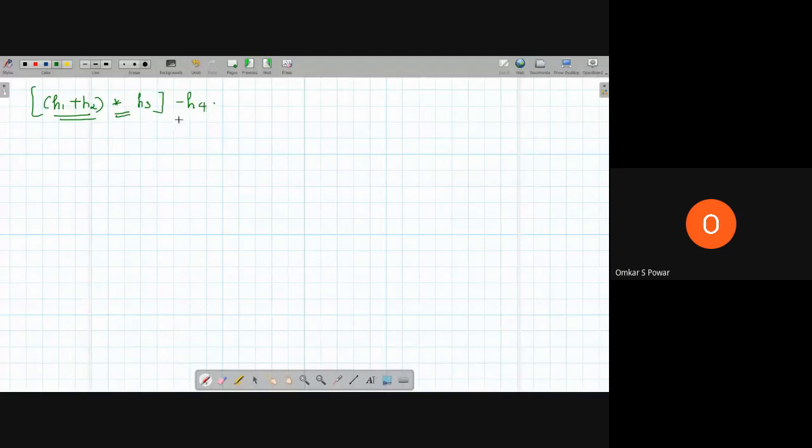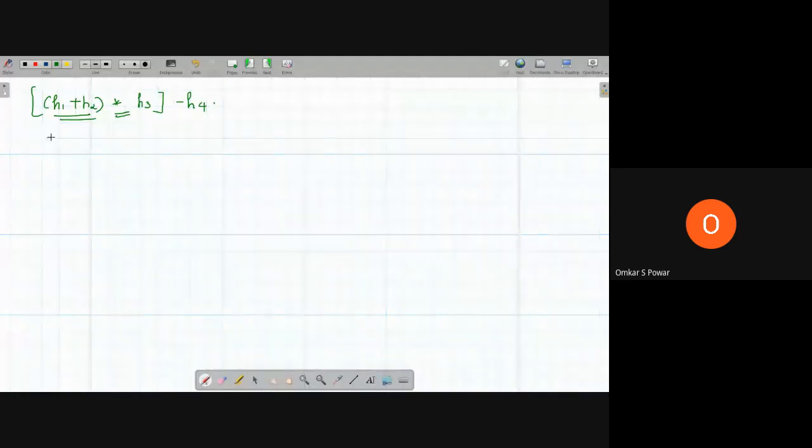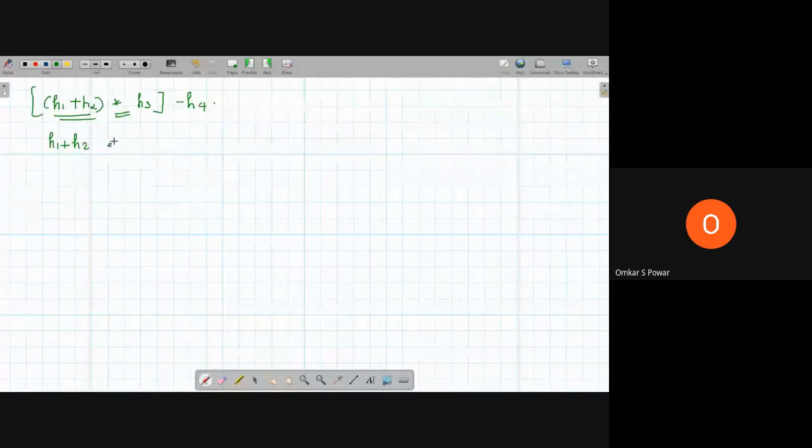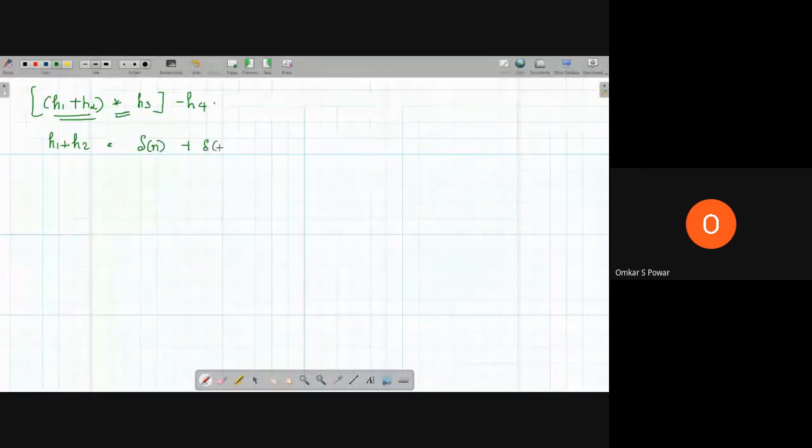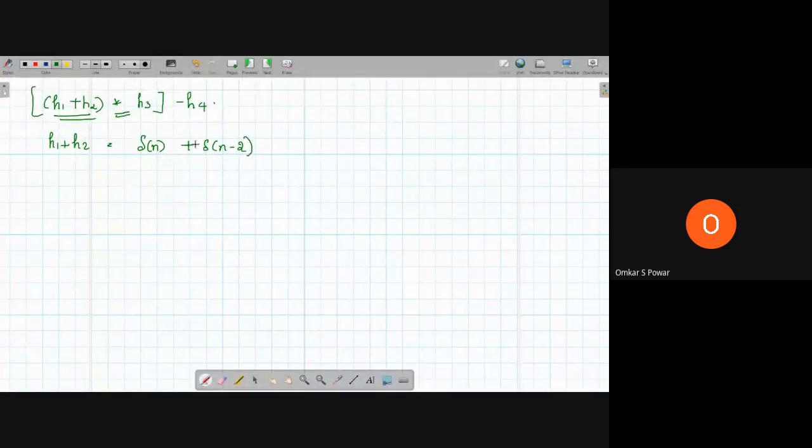Okay. So first we will do this H1 plus H2. So what have we got? H1 is del of n and H2 is del of n minus 2. So H1 plus H2 is del of n plus del of n minus 2.